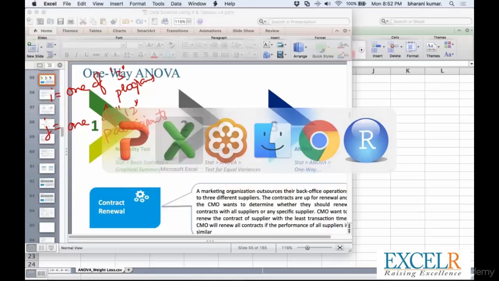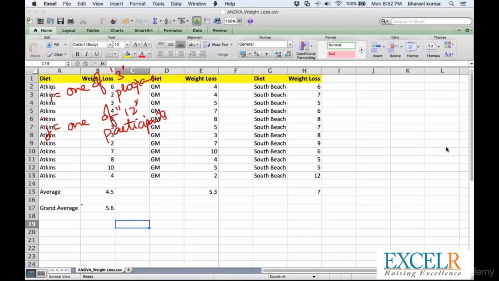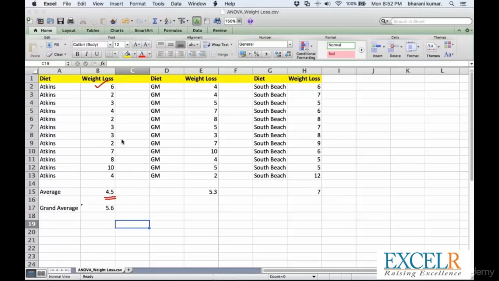What do you mean by that? The average weight loss here is 4.5 kgs. Weight loss of any of these people is not exactly equal to the average. Most often than not, it won't be. So the weight loss of one individual is 6. It is not equal to 4.5. Weight loss of the second person is 2. It is not equal to 4.5.